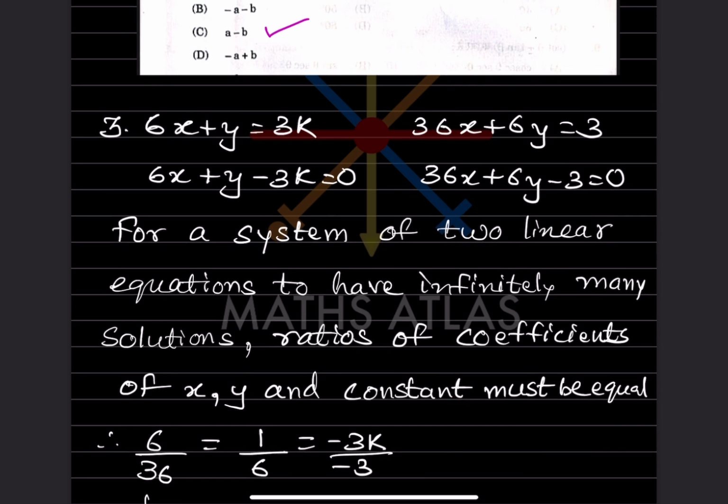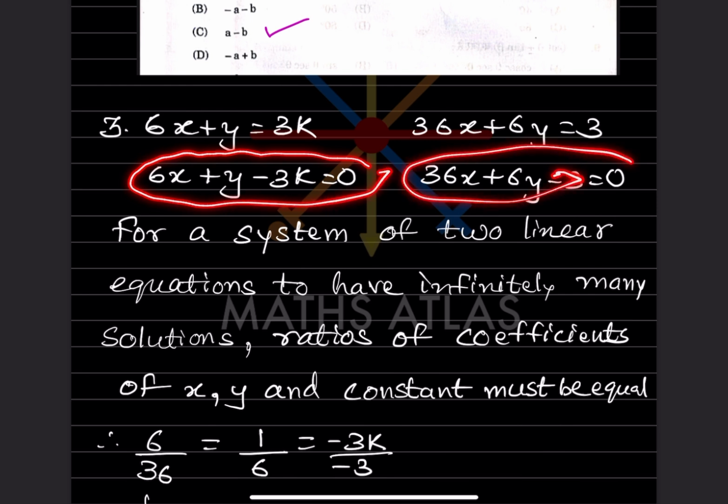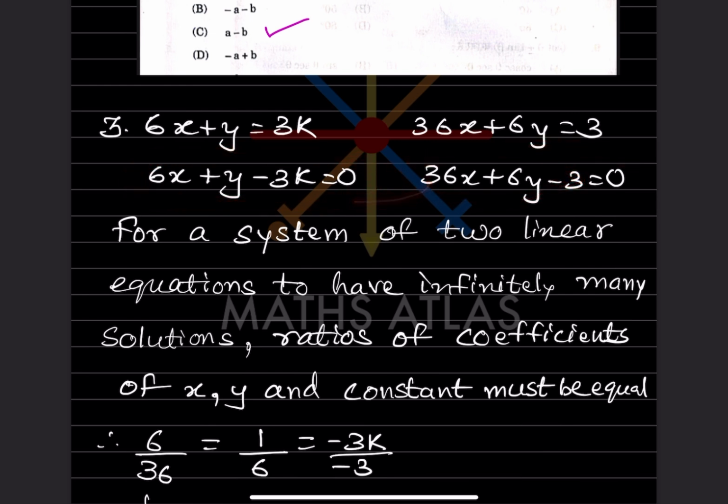So what will you do? First, we are going to take this equation and write it below the other one to compare. When we compare, that is going to be 6 by 36, because we are going to take the coefficients of x, y and the constant.